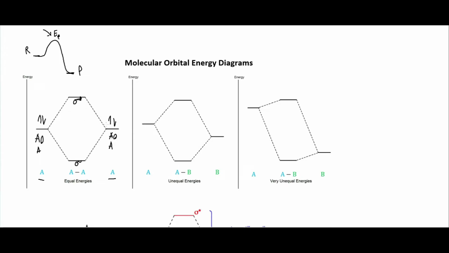And so if we actually brought these together the way I have it, where we have 2 electrons here and 2 electrons here, we'd end up with 2 down here and 2 up here. And as I'll talk about in a little bit, when we have 2 in the bonding and 2 in the anti-bonding, then they cancel each other out, and we don't actually get any bond going on.